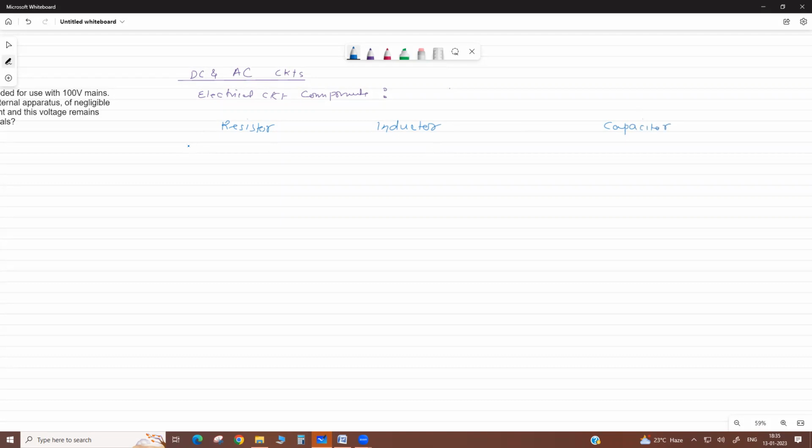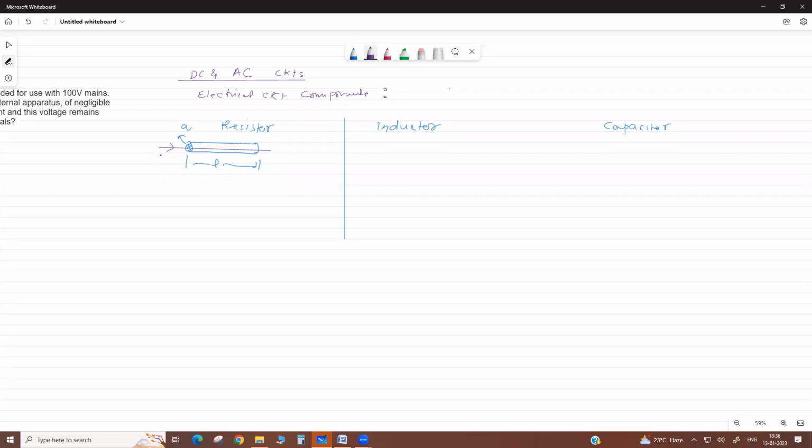You know, it is like a conductor. This has a length in meters and a cross-section area A. When current flows through this conductor, there is some property of the conductor that opposes the flow of current.